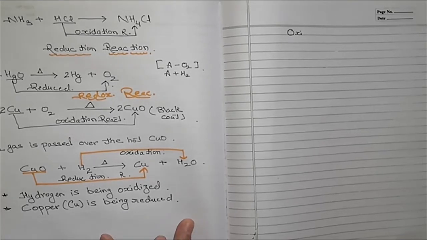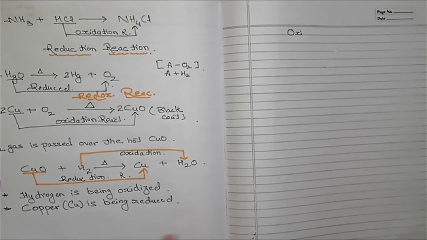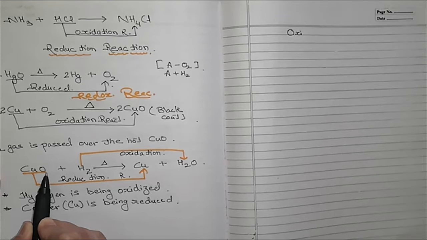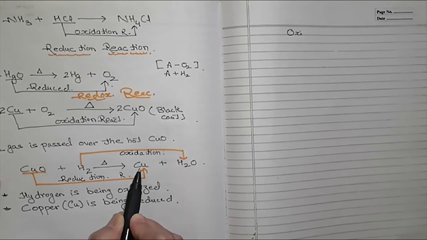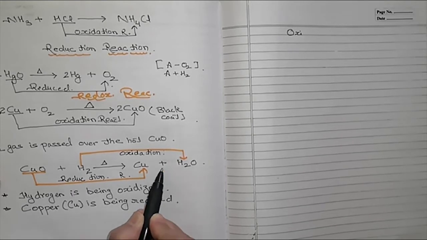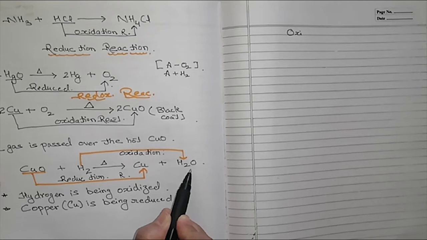So let me explain this reaction one more time. Here in this reaction, the black powder of copper oxide is being heated, right? And hydrogen gas is passed over it. So what are we getting? We are getting copper, a metal, and water is formed in this reaction.